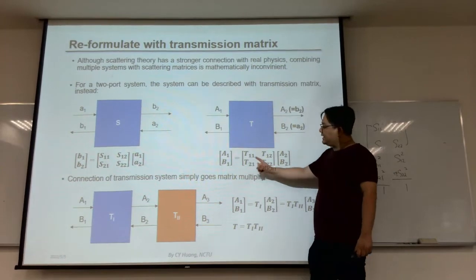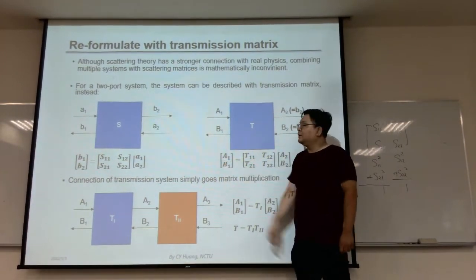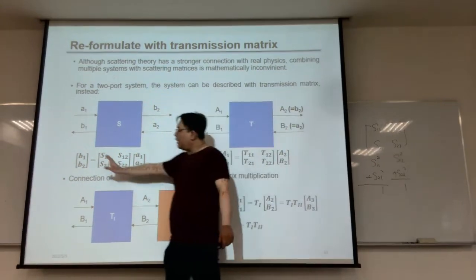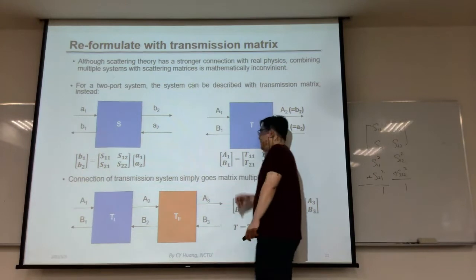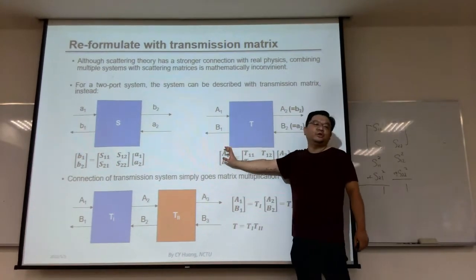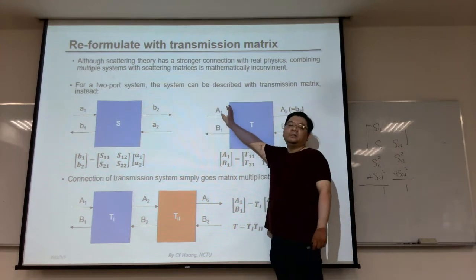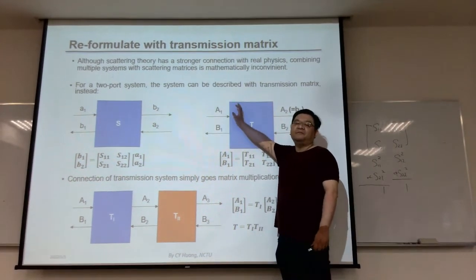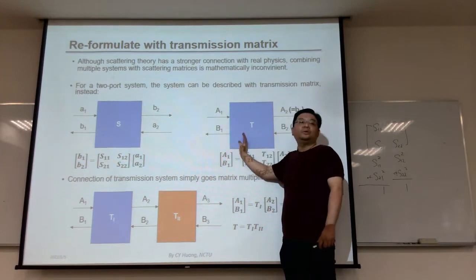So usually this is one input and one output. For scattering, it is all output from one side and all input from one side. But for the scattering matrix, it is more geometrical speaking. We are trying to make the junctions, the vectors of the same port together into a new vector.